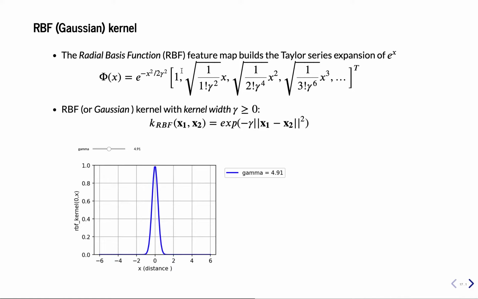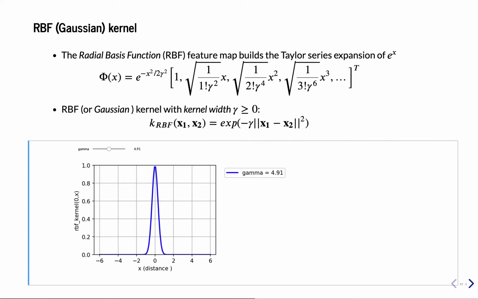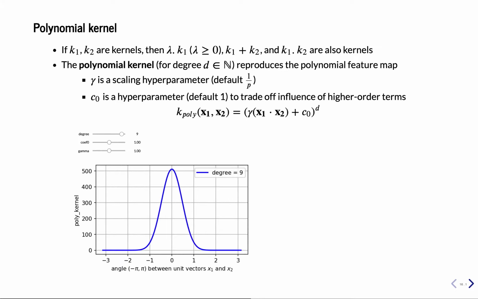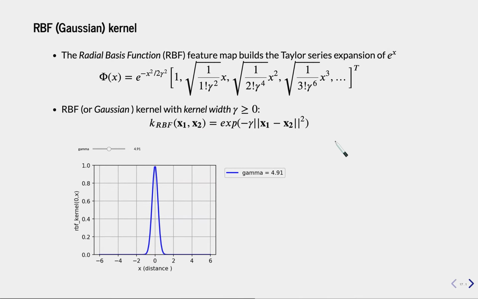But we don't have to construct a space because we have a very nice, simple kernel for that, which looks like this. It's just the exponent of, again, a parameter gamma times the difference between 2 points squared.